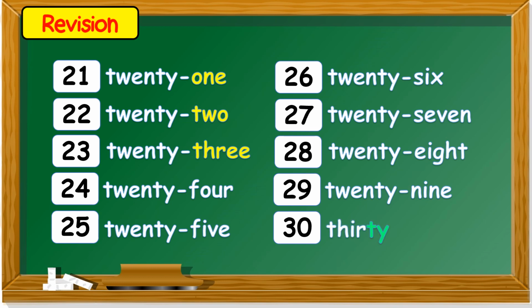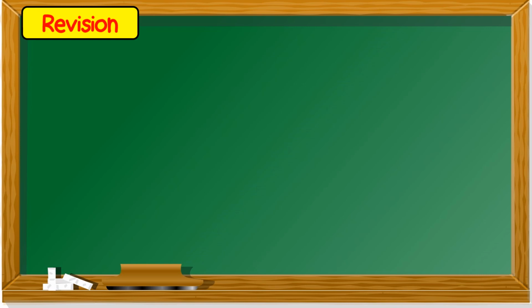Okay, you notice there's a pattern, ada corak di sini. Okay, if the front is 20, depan ada 2, dia mesti akan mula dari 20 apa? Kalau 21, 21. 22, 22. Yang tukar hanyalah belakang dia. We have done revising from 1 until 30.